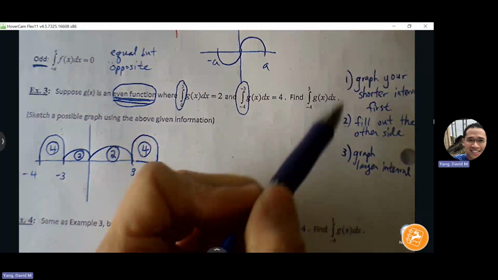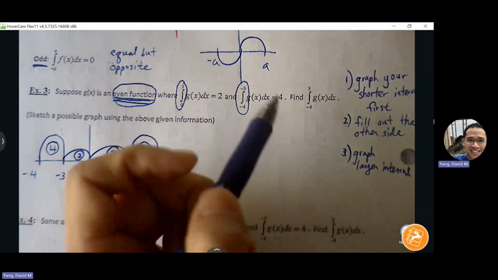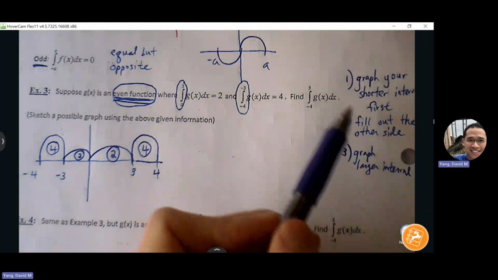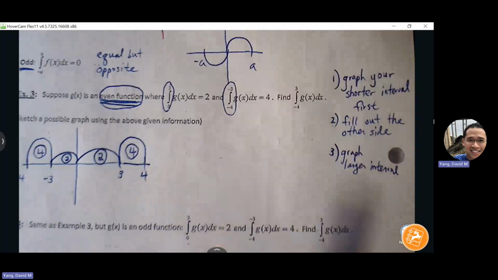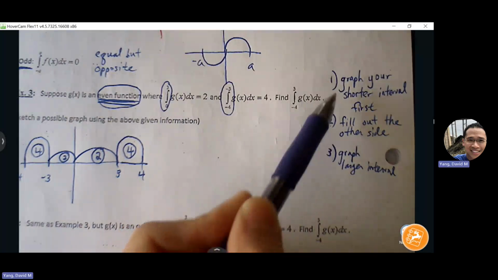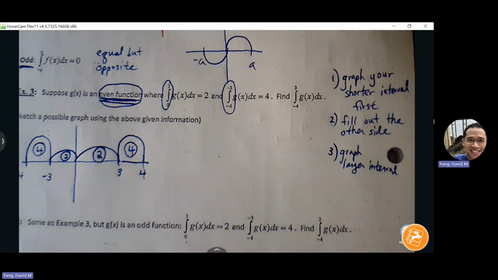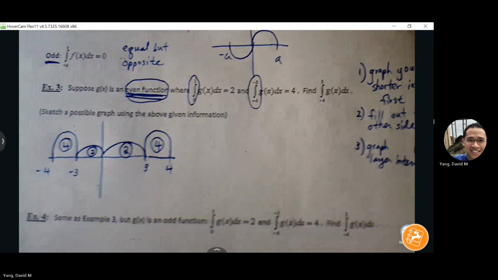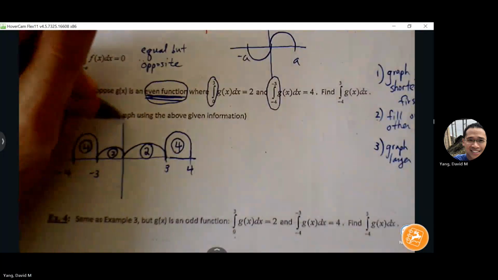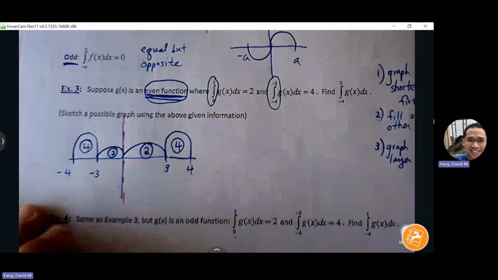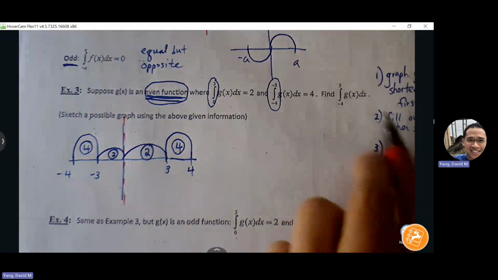Now, this order doesn't feel like a big deal because we could have done it out of order and it still would have worked out. But when things begin to overlap with each other, having these steps set in stone is going to be a lot better for you to anchor the information on your graph. So do we have mirror images on both sides of the y-axis? As best we can, we do, right?